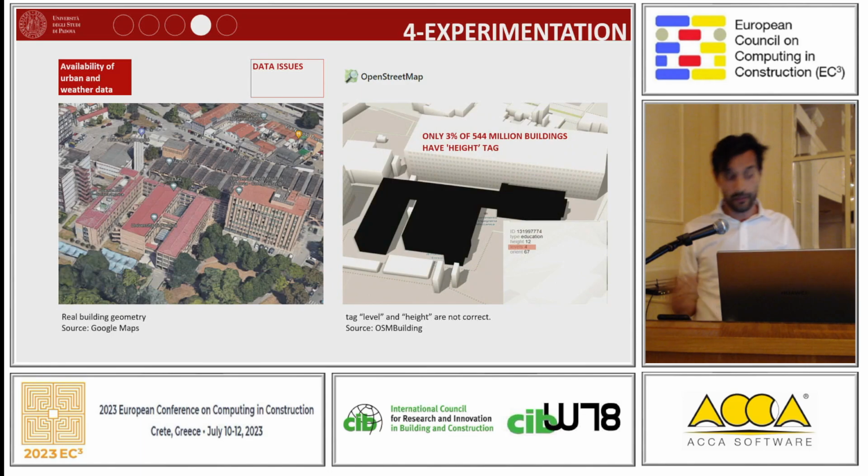But our 3D urban model most of the times is wrong because the available database is highly affected by limited information. Only 3% of 544 million buildings have the height tag.